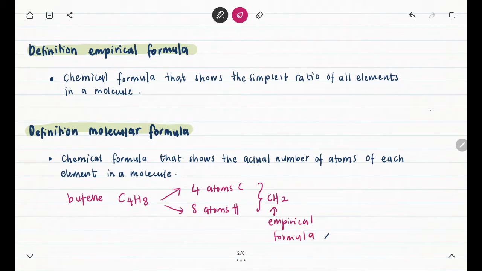The empirical formula is the formula that shows the simplest ratio of all elements in a molecule. If we take the ratio of carbon and hydrogen inside butene, we will get CH2.